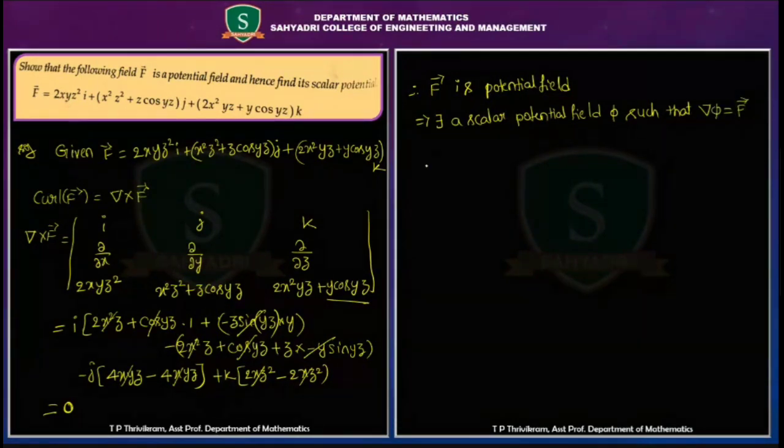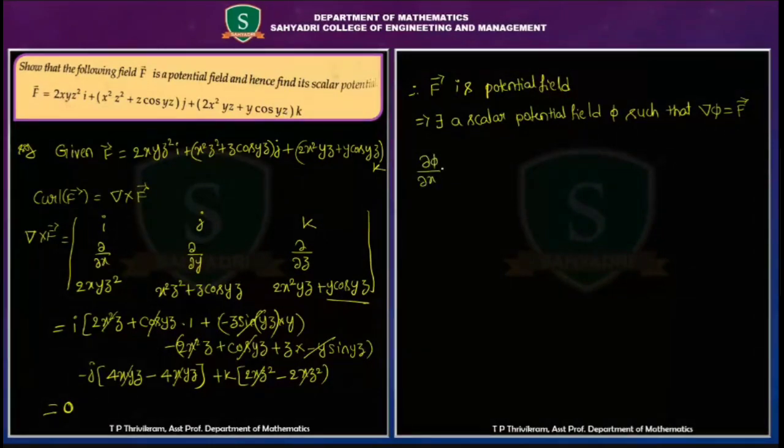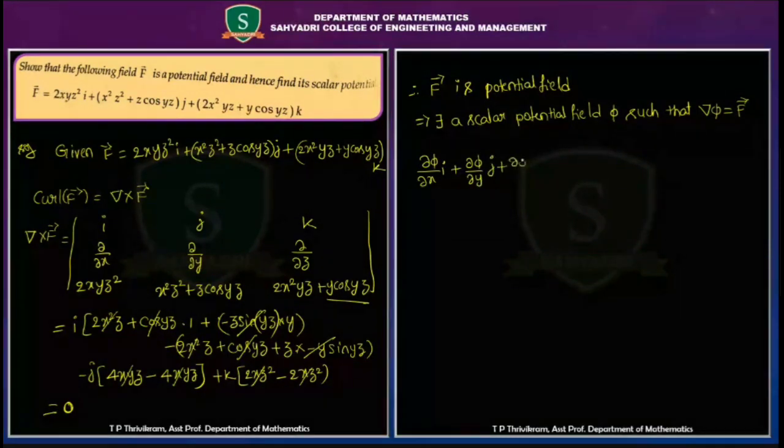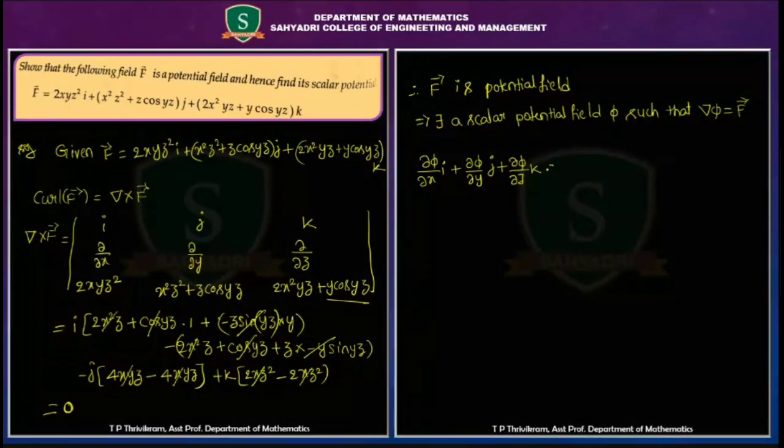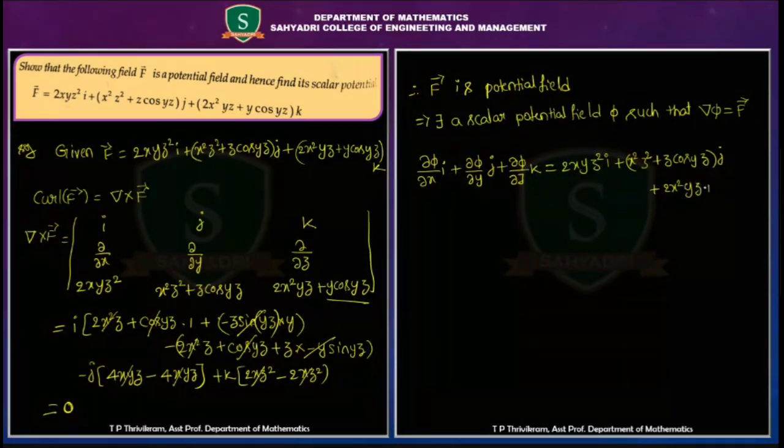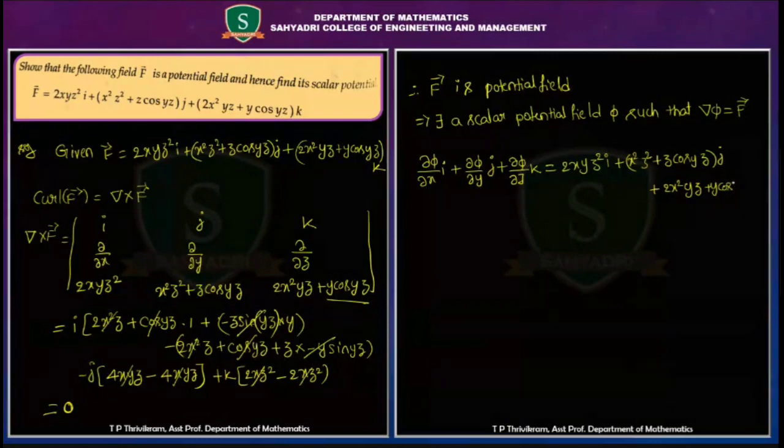Okay, so this is nothing but dou phi by dou x i plus dou phi by dou y j plus dou phi by dou z k, which is nothing but 2xyz square i plus x square z square plus z cos yz j plus x square yz plus y cos yz k.